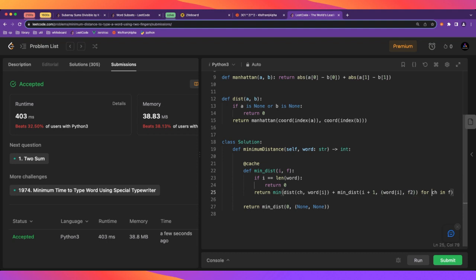Oh no, but I need to do this with indices, I guess.